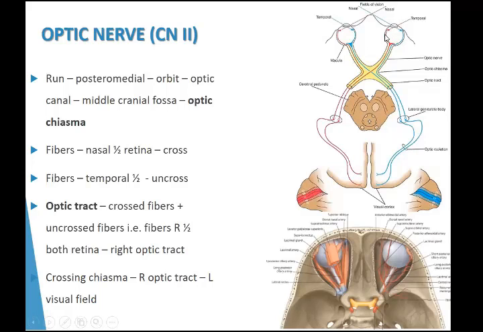This is the nasal part of the retina in this eye. This is the temporal part, या lateral part of the retina. This is also the temporal part, या lateral part of the retina.